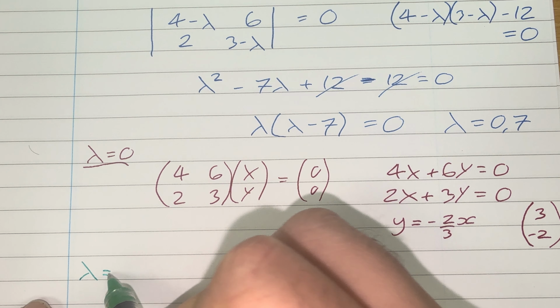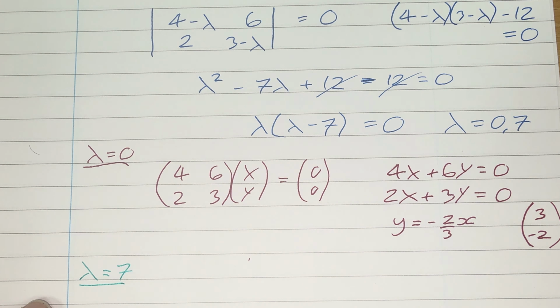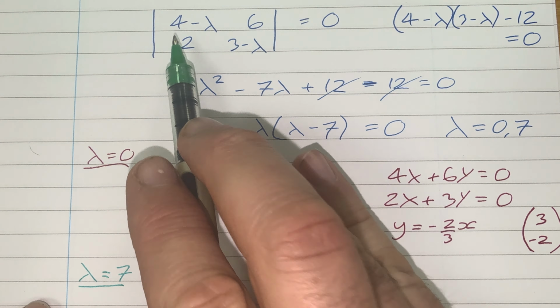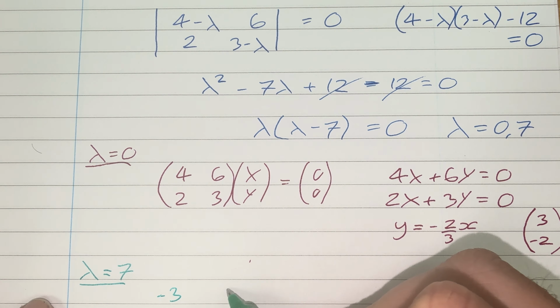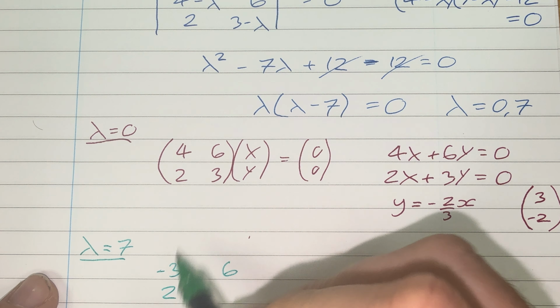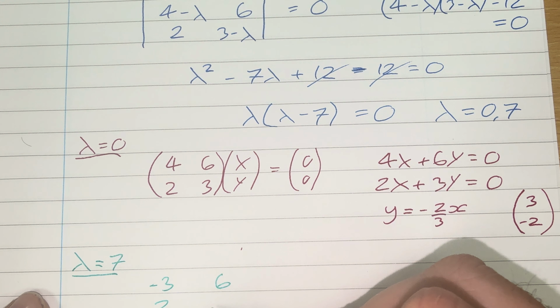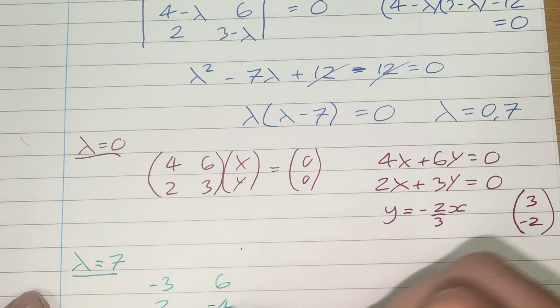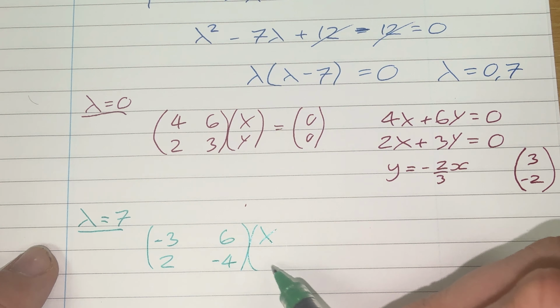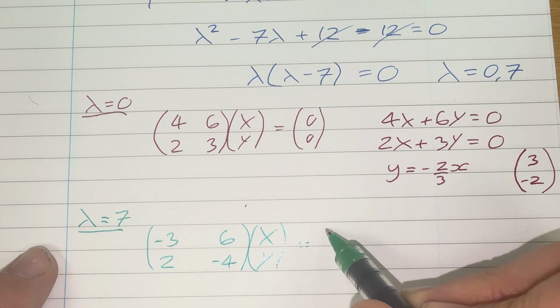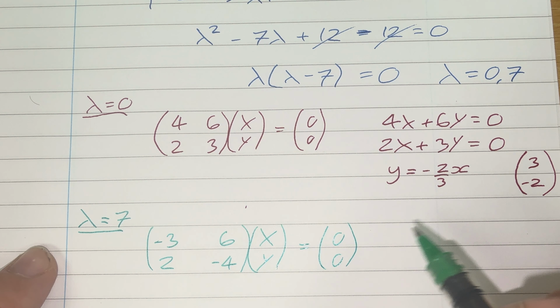And then using lambda as 7, we're going to end up with 4 minus 7 is minus 3. We've got 6, 2, and then 3 minus 7 is minus 4. We're going to multiply that by our eigenvector (x, y), and that's going to equal our 0 vector.